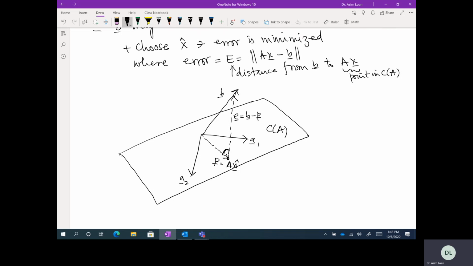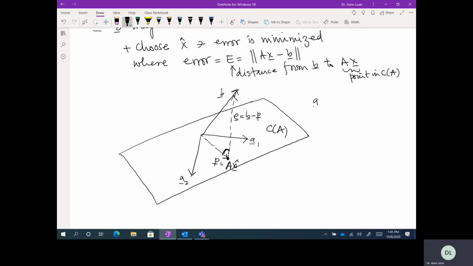So consider this as a floor. You have a floor, and B is in the space above the floor, and you drop this perpendicular onto the floor. The floor is the column space, and B is not in the column space. So you drop this perpendicular, and this point P, which is A times X hat, is now in the column space. Okay.